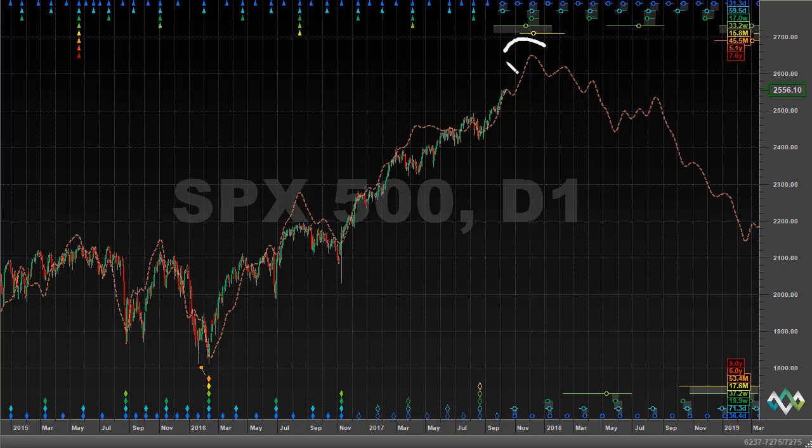You can see that the peak in the CML is over here, which is at the end of 2017, or to be a little more accurate, it is actually right over there at the beginning of December.